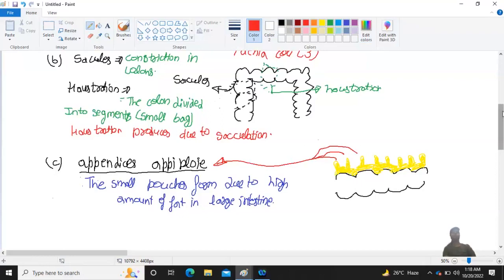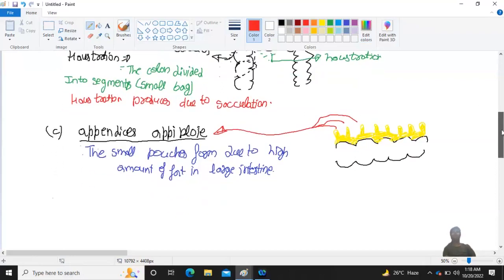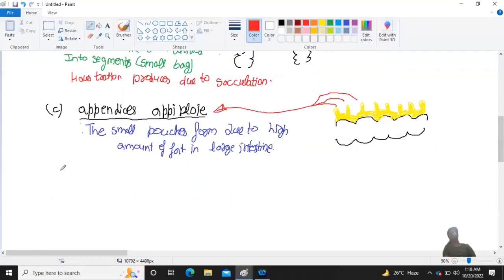Another feature is that it has a larger diameter than the small intestine, so we can compare from this.